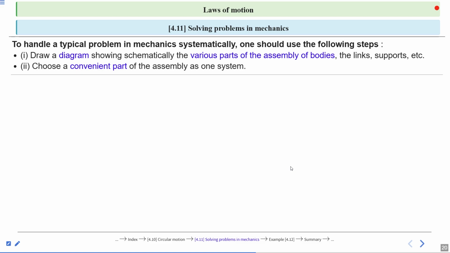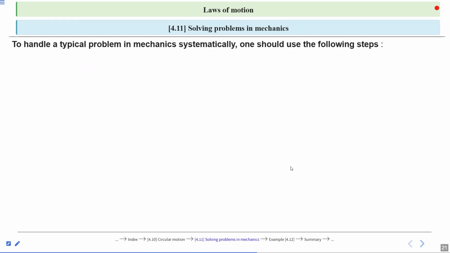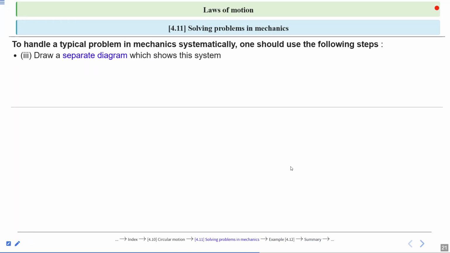The second step, choose a convenient part of the assembly as one system. Third step, draw a separate diagram which shows this system. If there are so many diagrams in a system, more than two or three, you need to separate them.